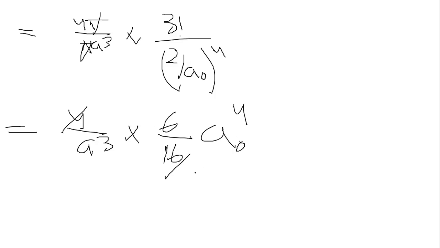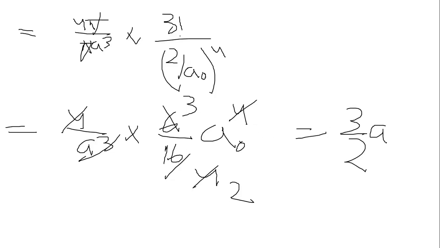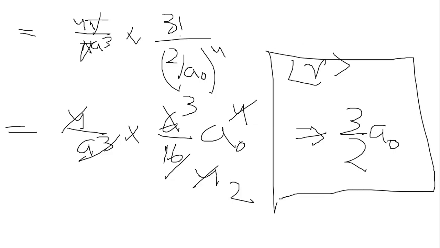So a0 cube cancels away, and it will be 3 by 2 a0. So the expectation value of r in the ground state of hydrogen atom will be 3 by 2 a0.